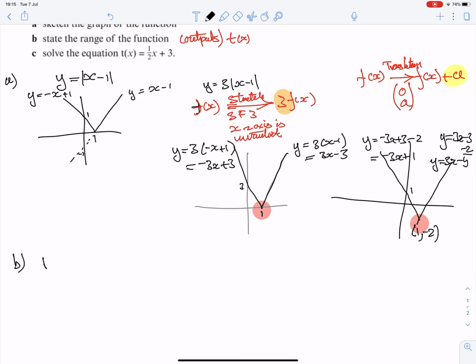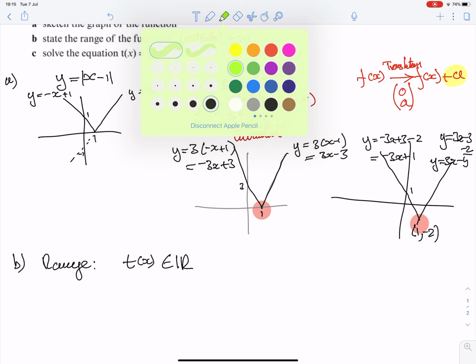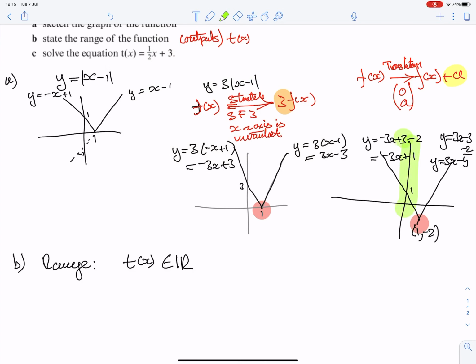So the range: t of x is a member of the set of reals, but it's not all the reals because we're looking at the outputs which are up here. This is our output value, and our lowest one is negative 2. So t of x is greater than or equal to negative 2 for our range.